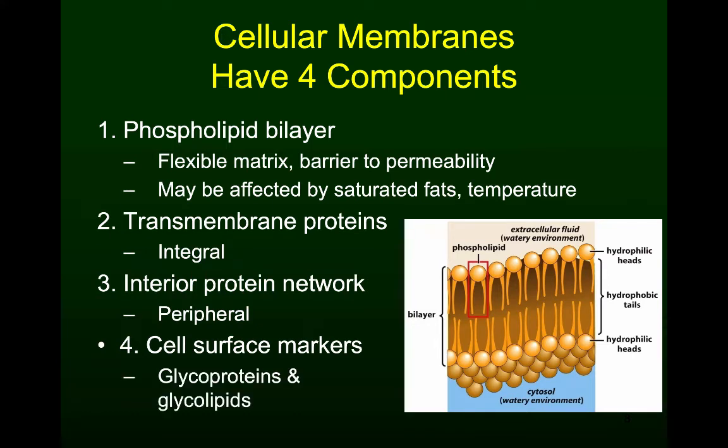And then finally, we also have our surface markers, and these can be glycoproteins, so a protein with a carbohydrate side group. They can be glycolipids, which is a carbohydrate group with a lipid side group. Recognition proteins a lot of times are glycoproteins, and they're a way for a cell to signal that it belongs.